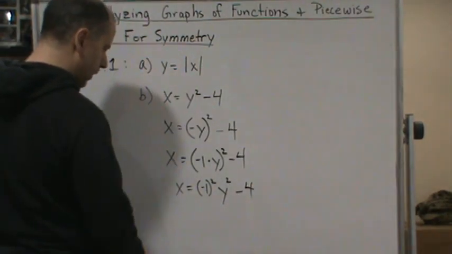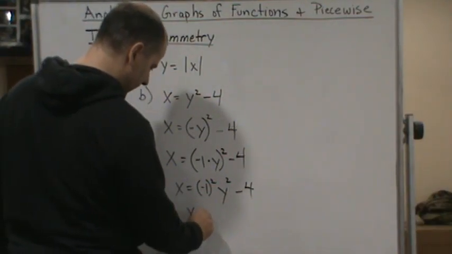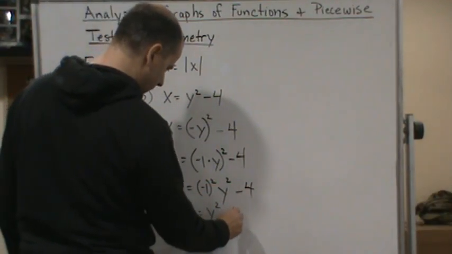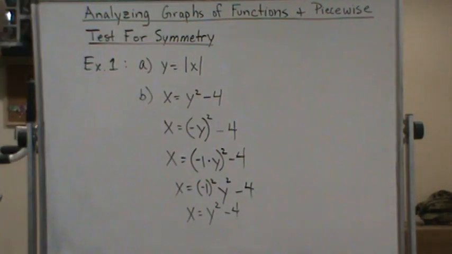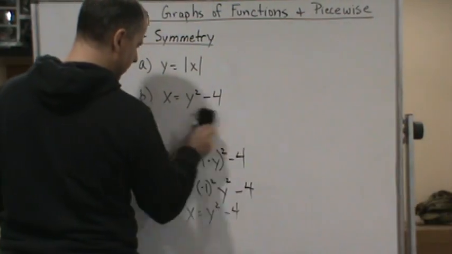And then of course -1 times -1 is +1. And so I get x equals y squared minus 4, which is exactly the same thing I started with. So this is going to be symmetric with respect to the x-axis.